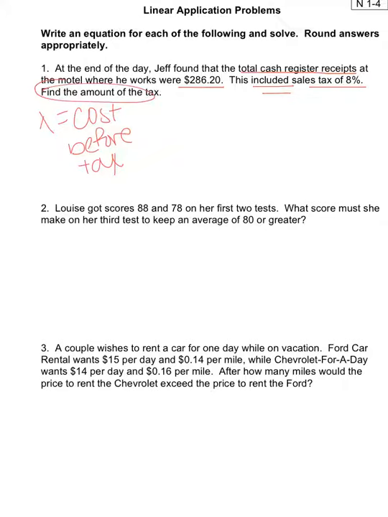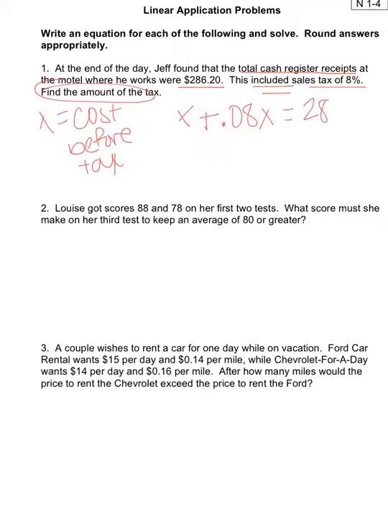So we're going to have the cost before tax. We're going to have to add your tax amount, which is 8% times your cost before tax. So that's going to be 0.08x, because anytime you're dealing with a percent, you're going to need to change that to a decimal. Okay, that should give you the total amount.